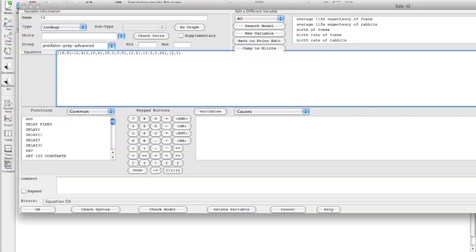So we're looking at relative populations in the range of 0 to 2, and then the tabulated value of the birth rate is going to be somewhere between 0 and 4. Now the actual values are given as a series of points: 0, 4, 0.5, 3.5, 1, 2, 1.5, 1, and 2, 1.